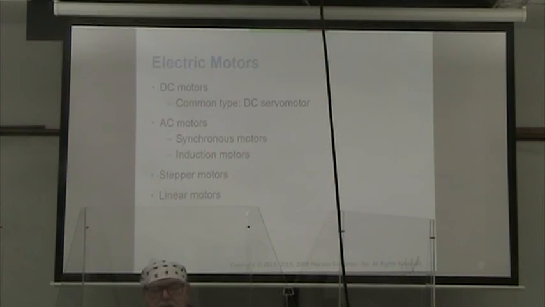All right, so electric motors, we can have DC motors, in other words, direct current, and the common type is the DC servo motor. With alternating current motors, we can have synchronous motors or induction motors. Then we can also have stepper motors, where the motor only moves by certain values, and linear motors.